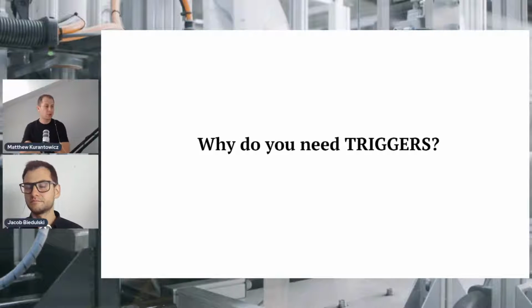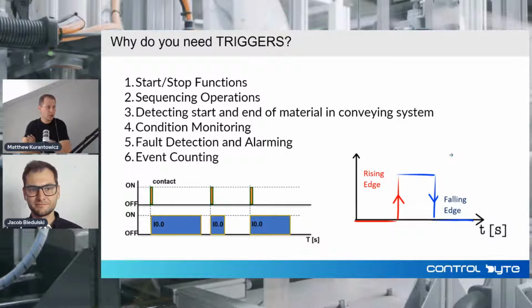Okay, let's go further. Why do you need triggers in projects? Maybe you can write on the chat, why do you need triggers in PLC programming? We have a lot of points for that. For example, we use triggers for start and stop functions for our machine.